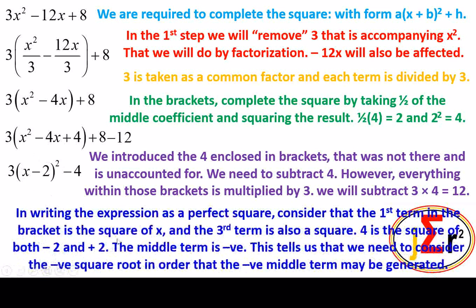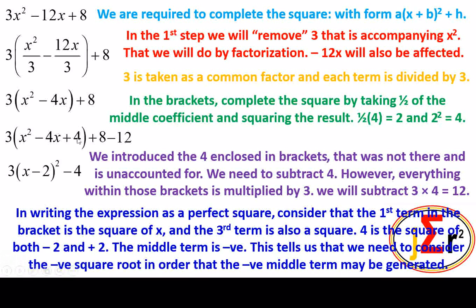How do we arrive at that perfect square? The first term in a perfect square is the square of something. And this x squared is the square of x. Also, the final term, which is the third term in the perfect square, is a square term.